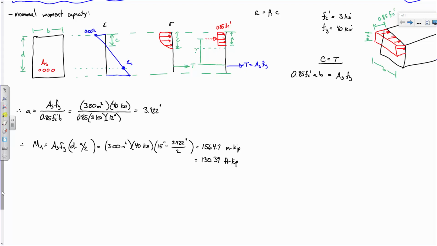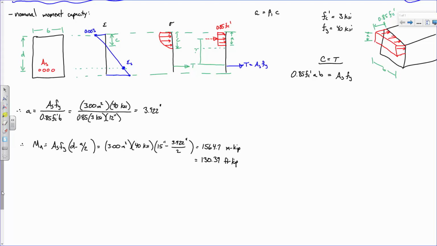Remember, phi depends. What does it depend on? The strain in the tensile reinforcement. Yeah, so you said 0.005. If the strain in the tensile reinforcement is larger than 0.005, then phi is 0.9. Otherwise, there's that linear fit. So we've got to figure that out.